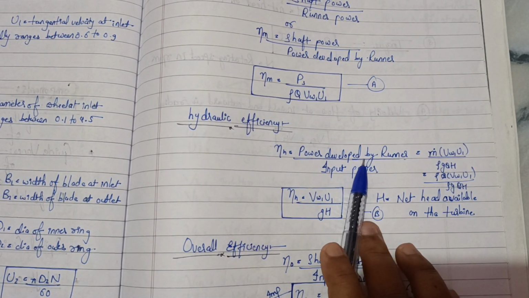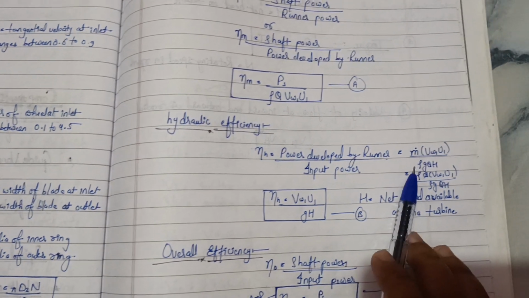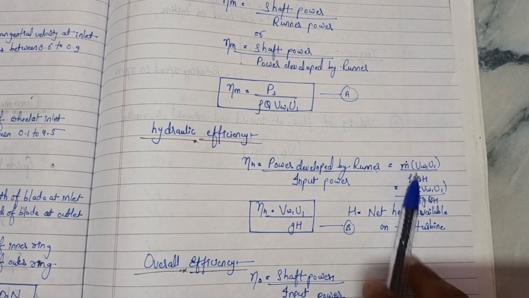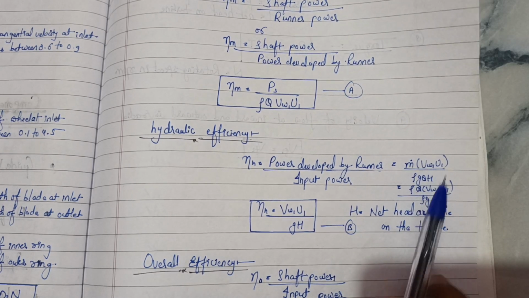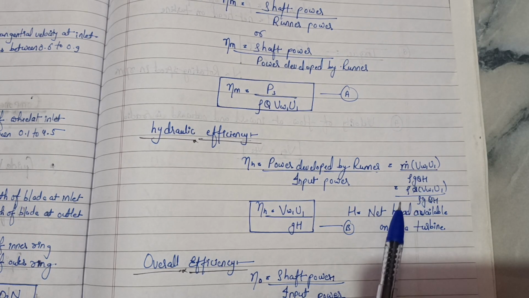Next we will see hydraulic efficiency. Hydraulic efficiency is the ratio of runner power to the input power. For runner power, m dot means mass flow rate, which equals rho Q, into Vw1 u1, upon rho g Q H. Rho g Q H is the input power.